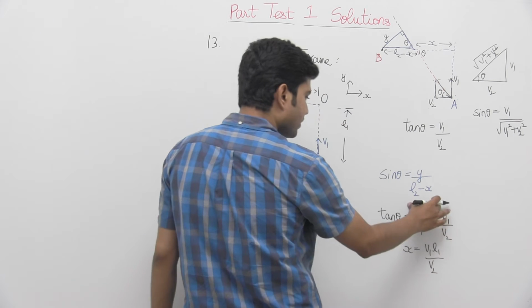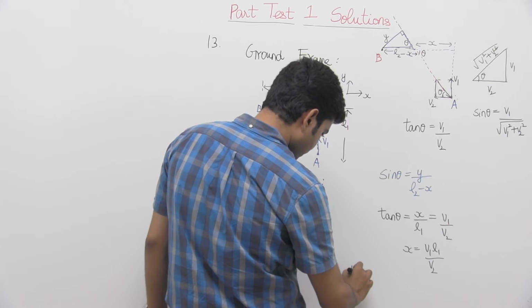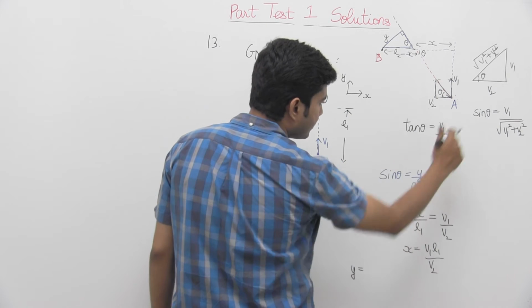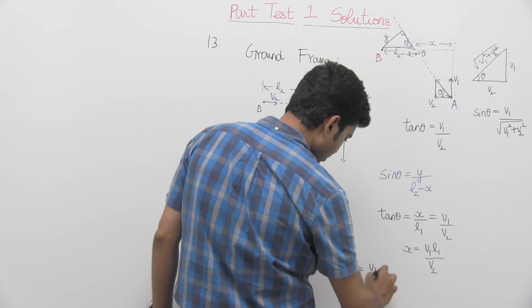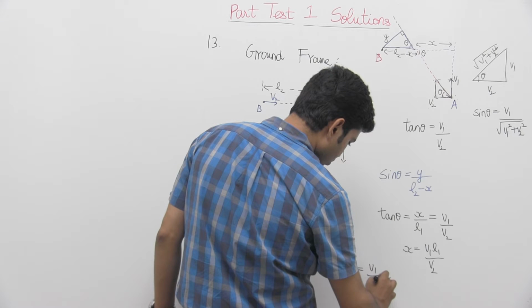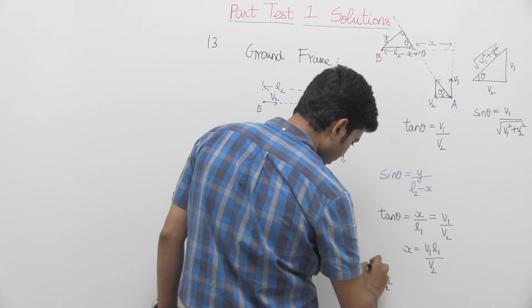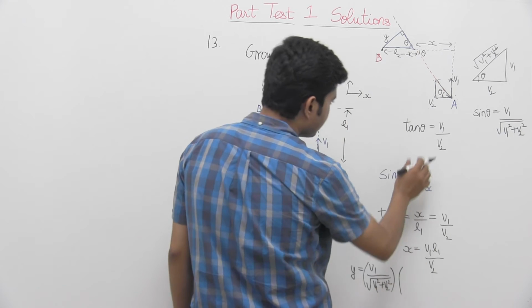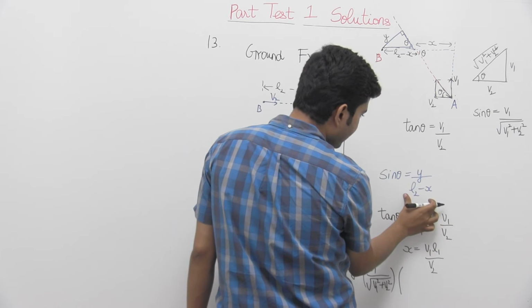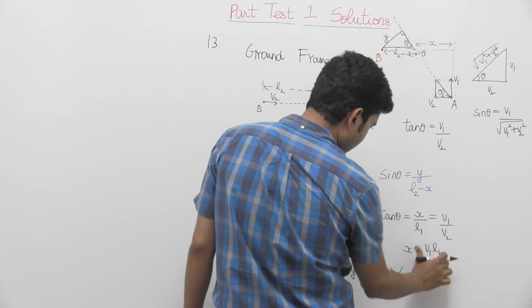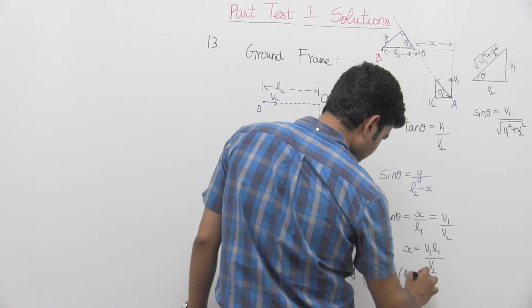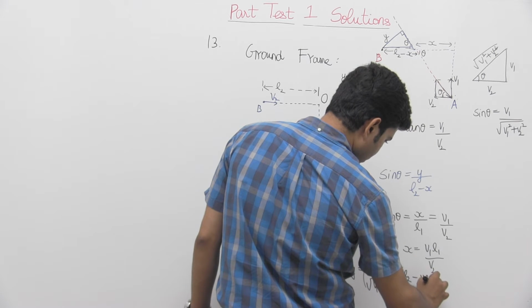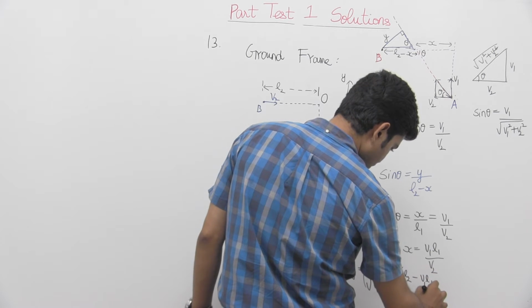So y comes out to be sine theta, which is V1 upon under root of V1 square plus V2 square, into L2 minus x.